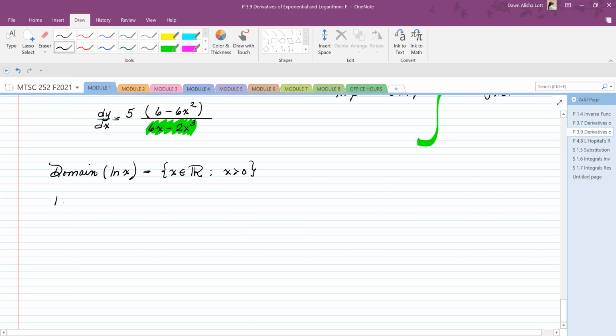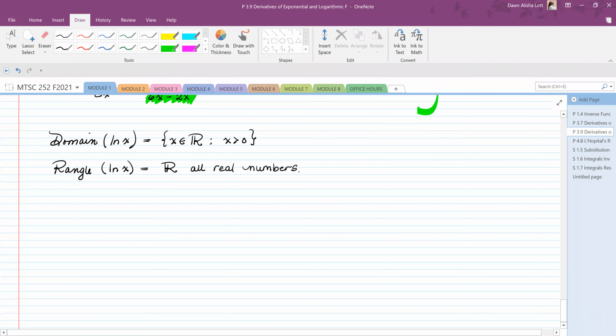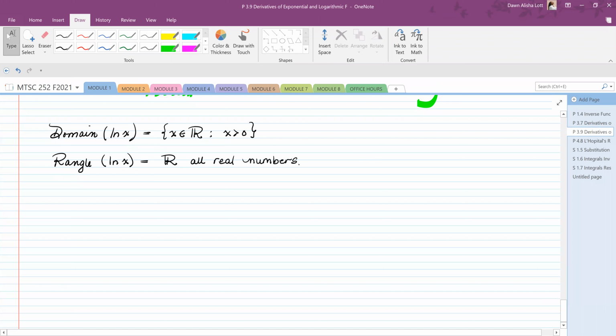And then the range of the natural log of x is just R, all real numbers. Okay. So let's recap.